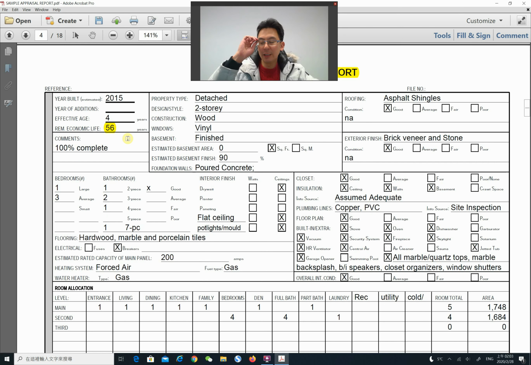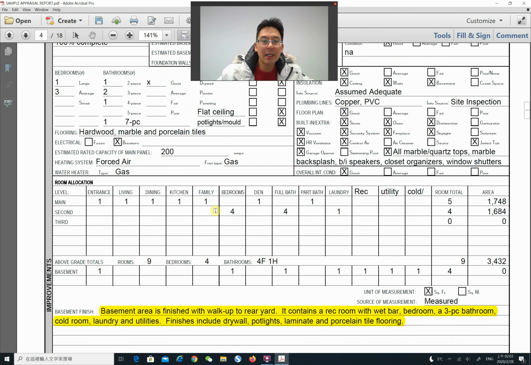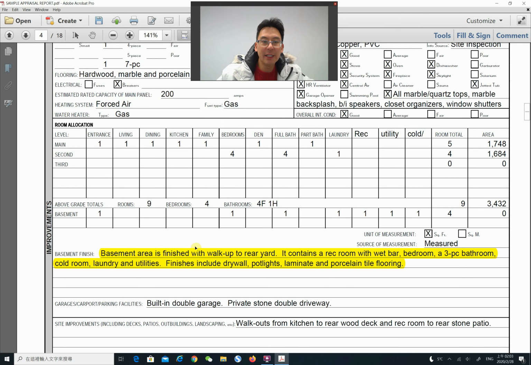I have done a property that has been over 100 years old, so this economic life is very low. Okay. Other than that, not much. Again, read the comment. Basement, how it's finished. If the basement has another kitchen, some lenders would not like it.